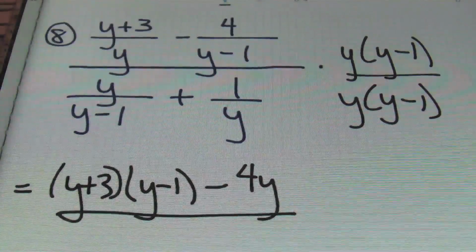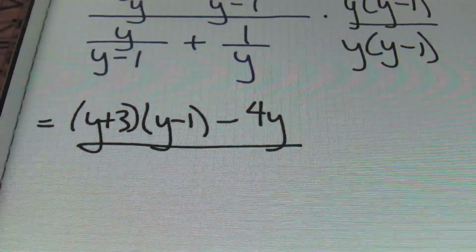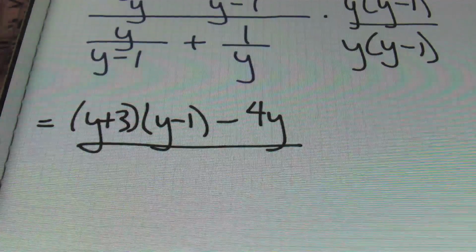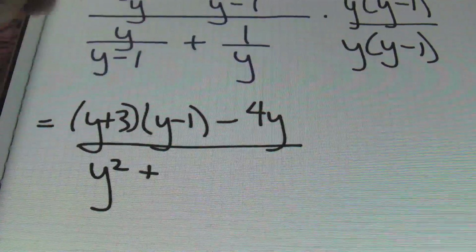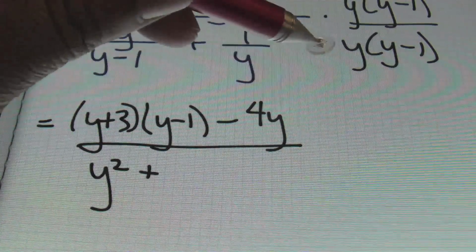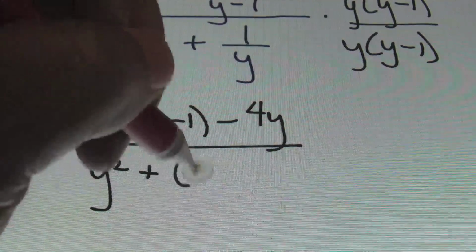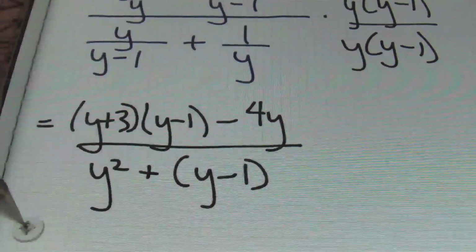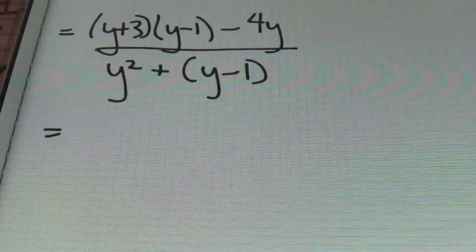In the denominator, multiplying y over y minus 1 times y minus 1, the y minus 1s will cancel out. So that leaves me with y times y, which is y squared, plus multiplying 1 over y times y minus 1, the y's will cancel out to leave me with y minus 1. All right. From here, ladies and gentlemen, I'll go ahead and distribute the numerator.